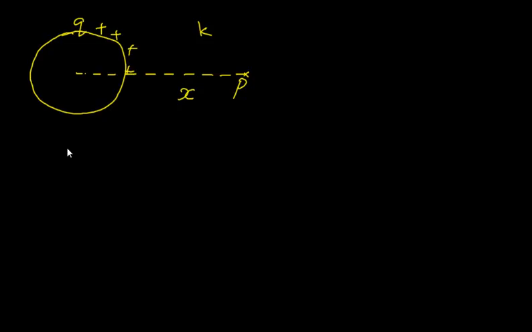So first I will find the electric field at a point P. The electric field at point P will be 1 by 4 pi epsilon naught K into Q by X square.